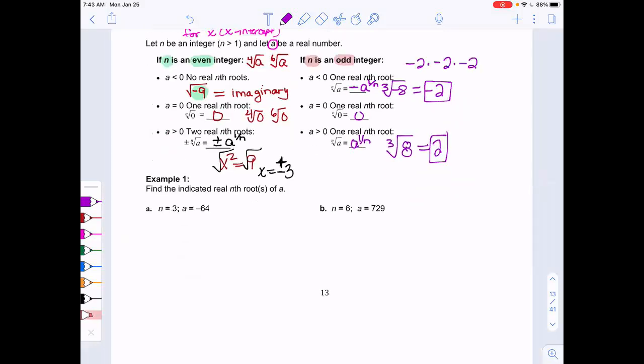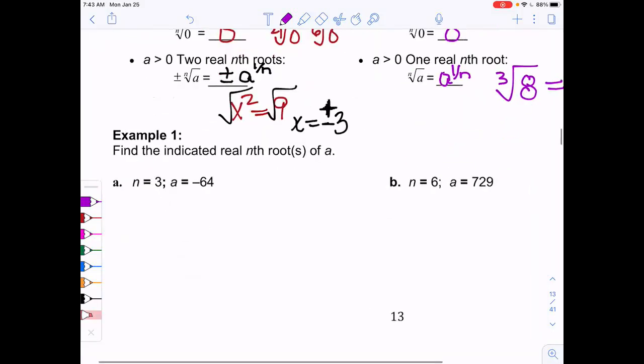So we're going to look at the 2 examples underneath. It says find the indicated real nth root of a, or roots, pluralized. So n is 3 and a is negative 64. So remember, this gets written as our index, and then the radical, and then the number underneath, the radicand.